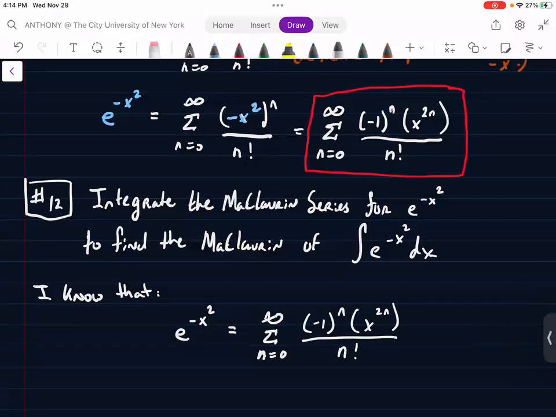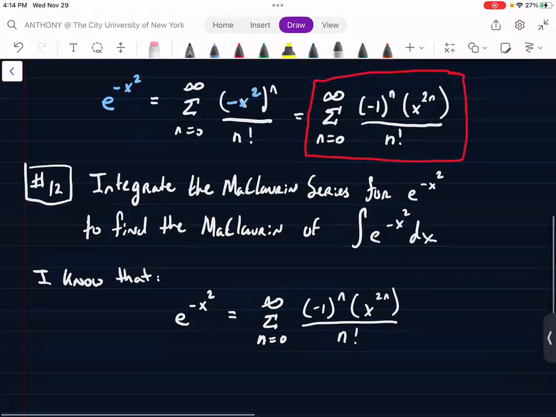So to find your Maclaurin series now, for the integral part, you just got to integrate both sides, right? So we're going to get here a dx. Here we're going to integrate this in terms of dx.